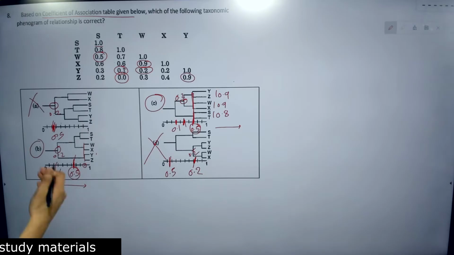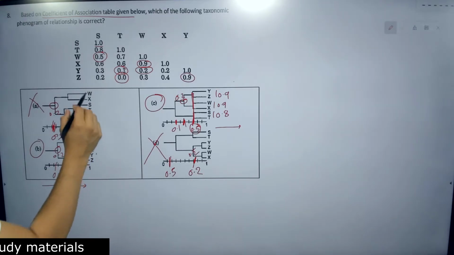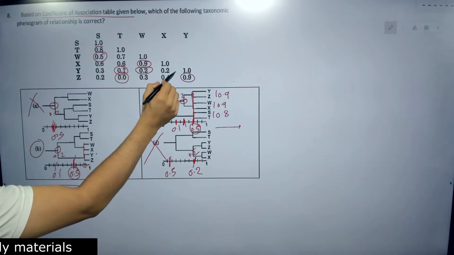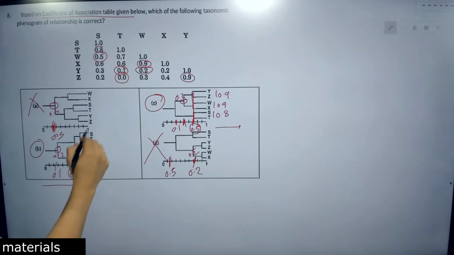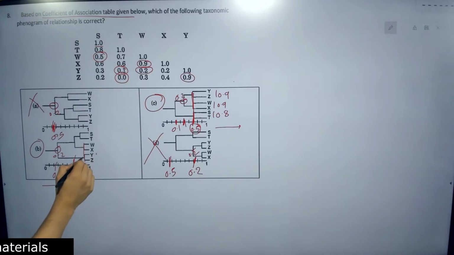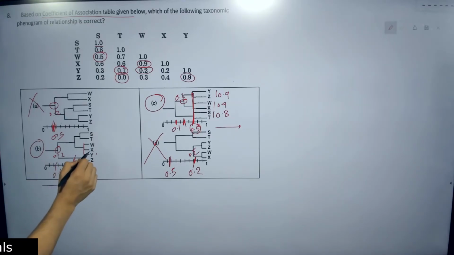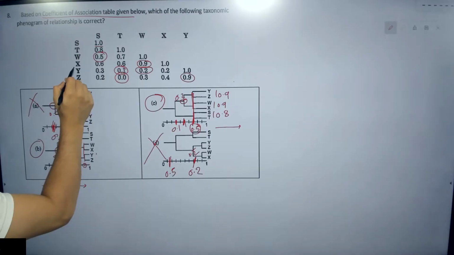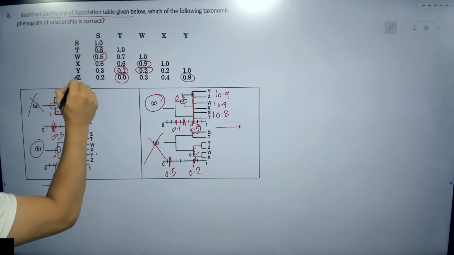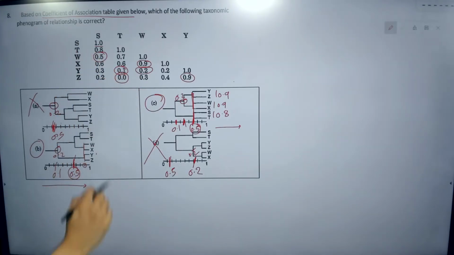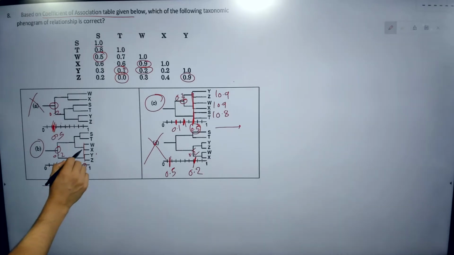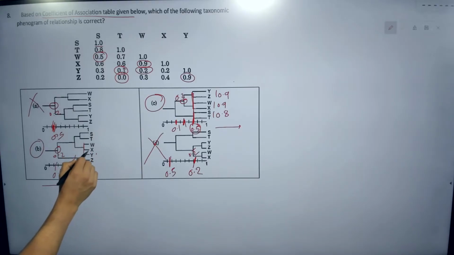So if you compare that again between W and Y, let's do that, W and Y comparison. If you do W and Y, that is 0.2 here, in this side, right, and X and Z also, if you see that Z and X, that is 0.4.